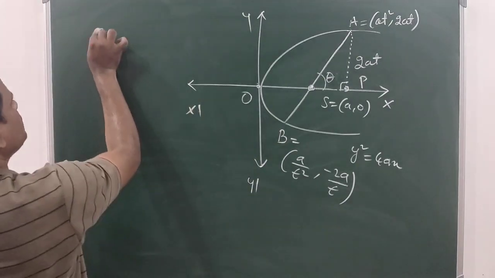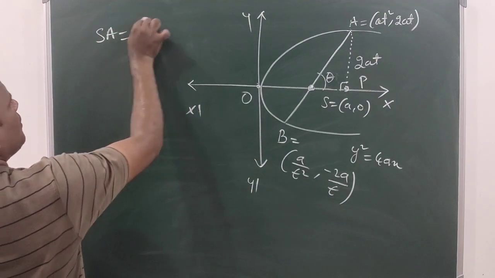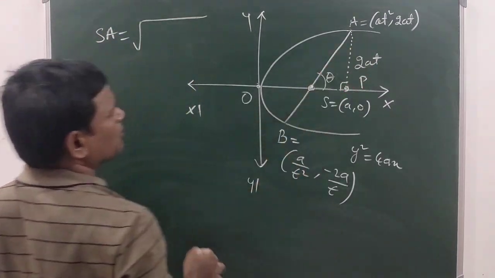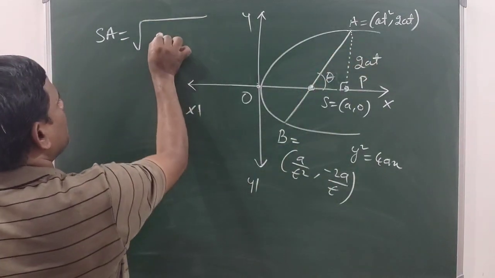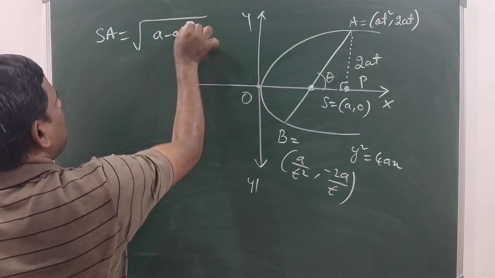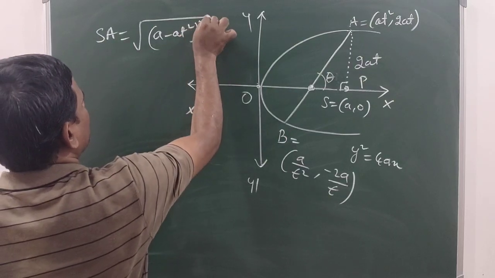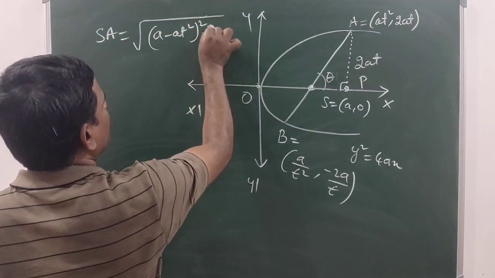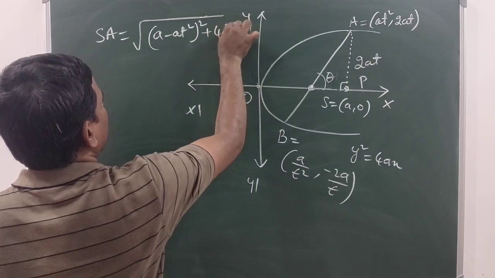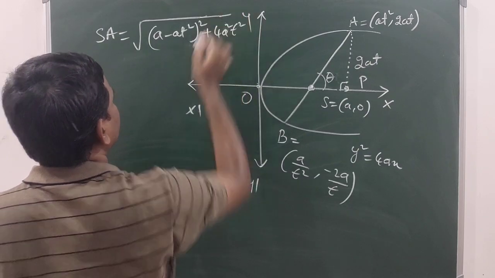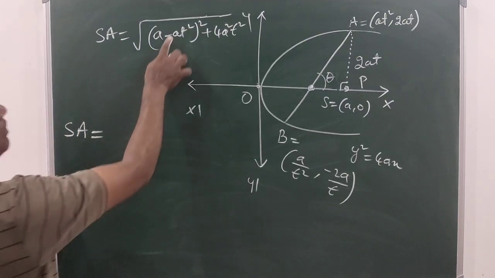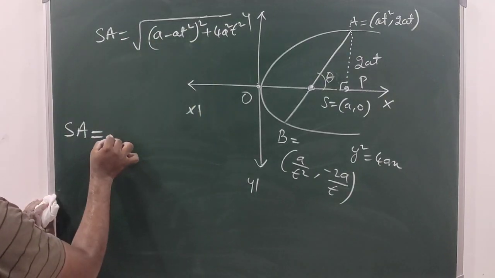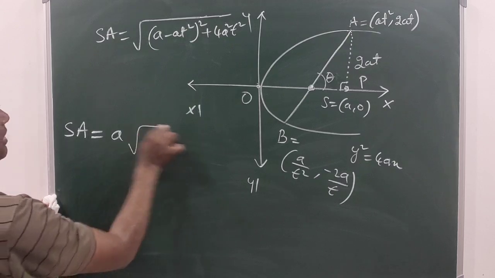How much do you get for S to A? Square root of, so students, here measure from here to there. a minus at square whole square and 4a square t square. Now simplify that, S to A. So here a square again take common, which will come as a.